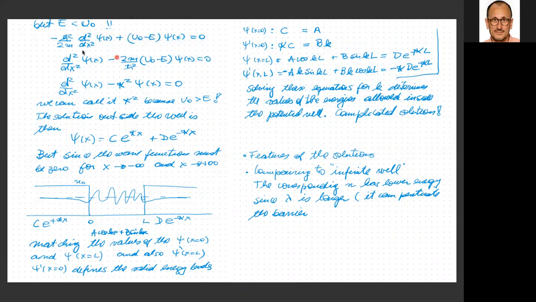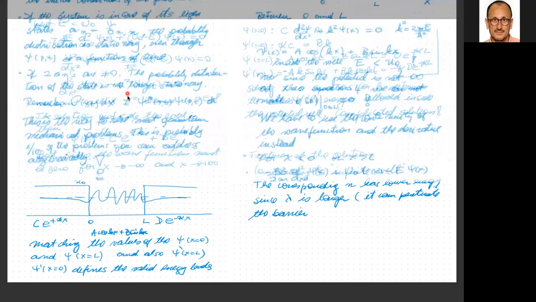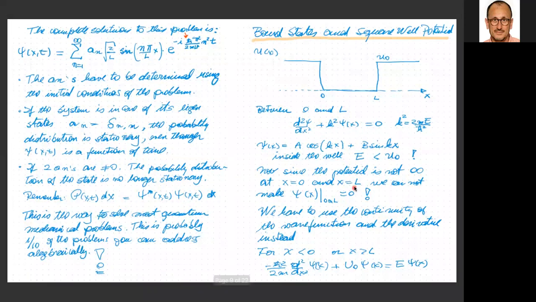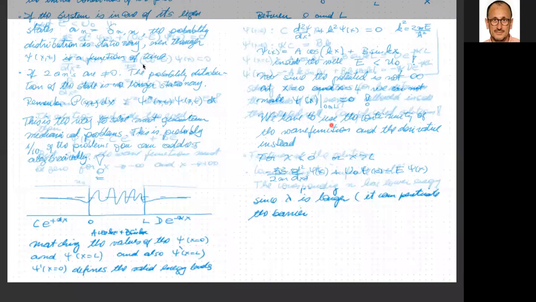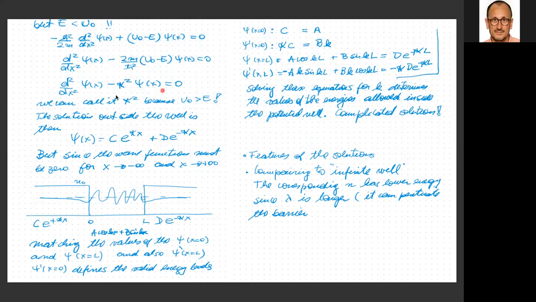So I multiply by this factor, and I call this term kappa squared. I'm sorry, kappa squared, not K. K was the other one. K is this one, this is K squared, and this one is kappa squared. Different values.